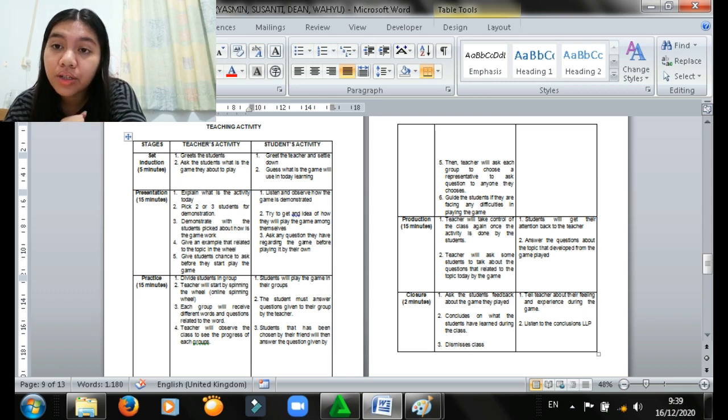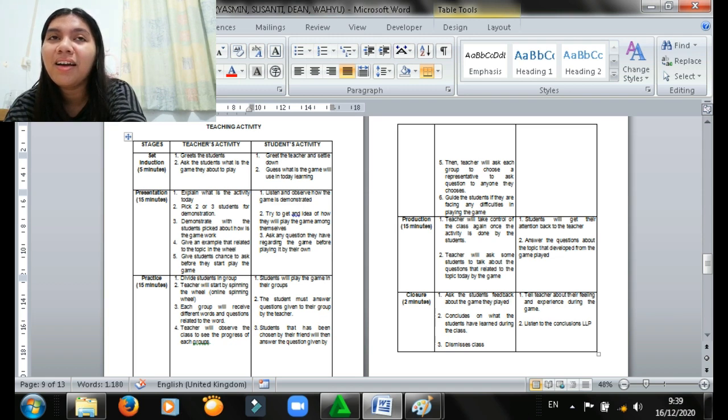If the representative manages to answer the question given by the students or by the teacher, they will receive marks. Groups with higher marks will receive gifts.